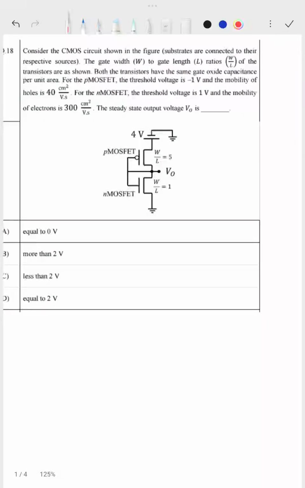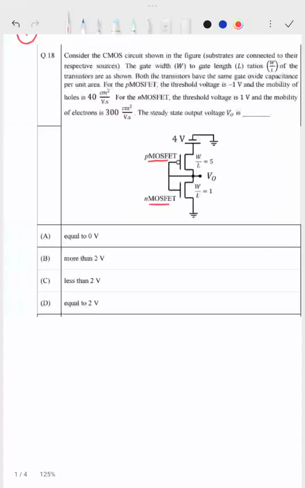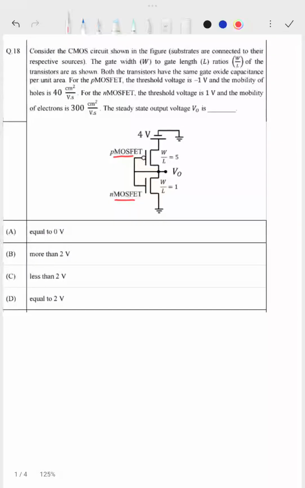As shown here, we have a PMOS above and one NMOS below. As you can see, we will first look at the below circuit, that is the NMOS transistor.